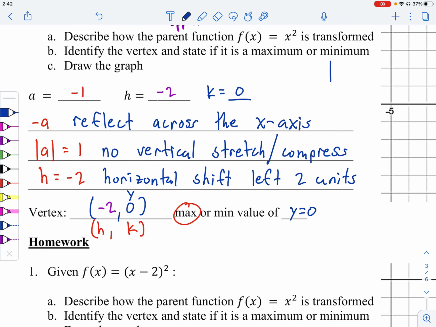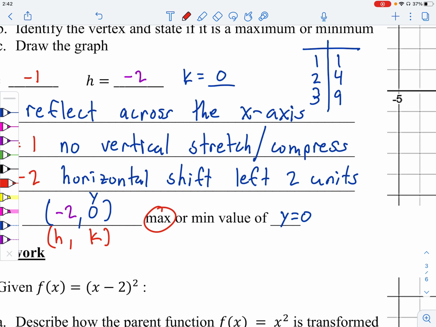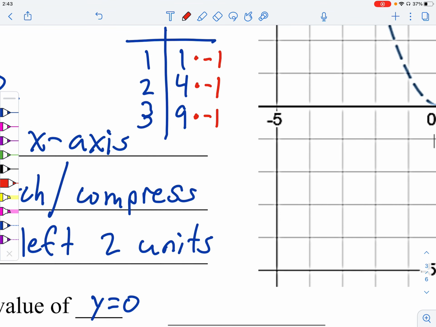So we're going to find our points again, right? So 1, 2, 3, I love chocolate, 1, 4, 9. And we're going to multiply by our a value. Our a value is -1. So multiply all our 1, 4, 9 by a, which is -1.